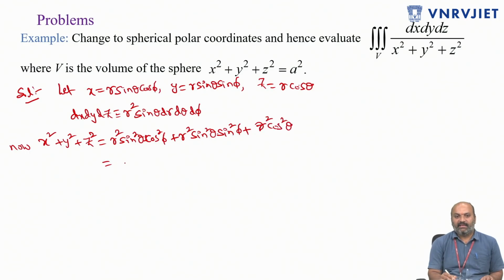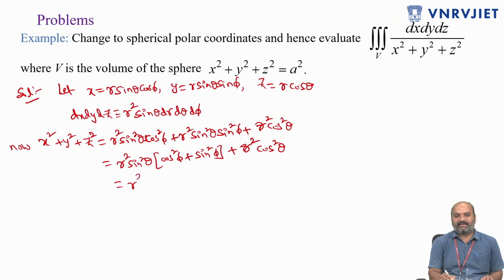Let's simplify. From the first two terms, let's take r² sin² θ common. Then we have cos² φ plus sin² φ. What is cos² φ plus sin² φ? Of course, we know it is 1.